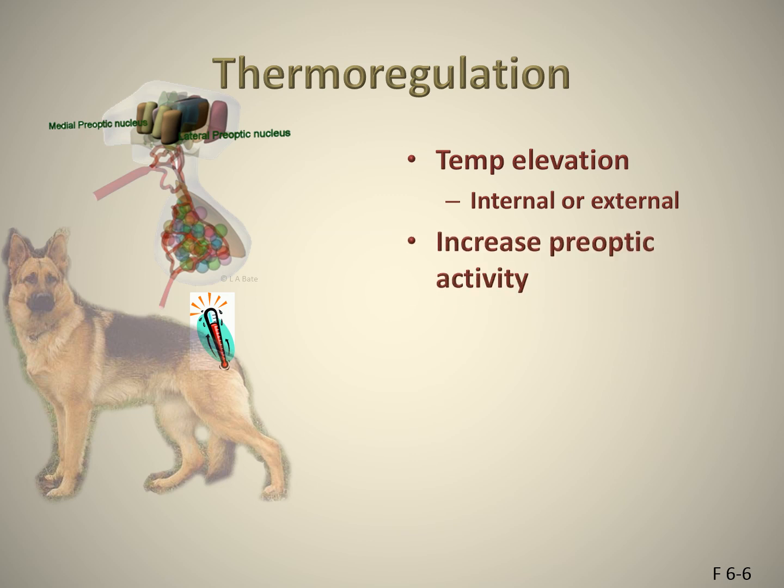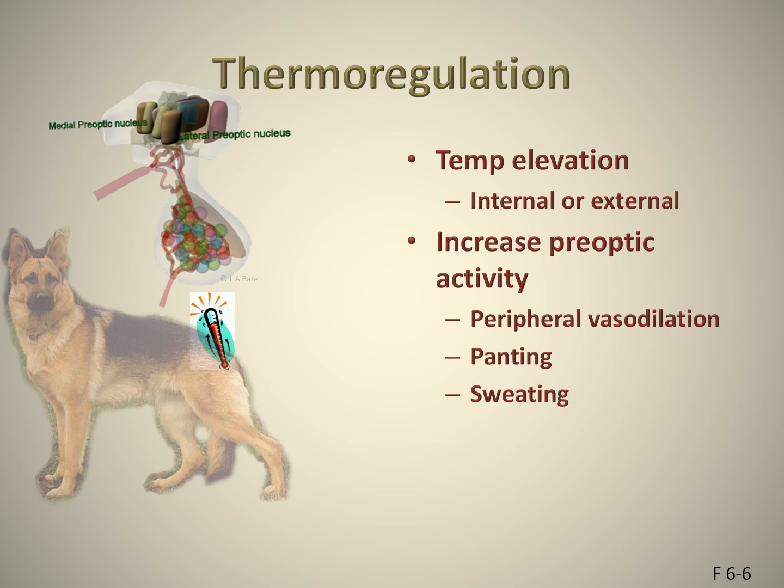In response to the elevation of temperature, the preoptic activity, in both of these nuclei, will increase and will trigger three mechanisms to reduce the temperature. It will induce vasodilation, so heat can be dissipated more easily, and it will also induce panting, which is the mechanism dogs use to evaporate liquid, thus cooling the body down.